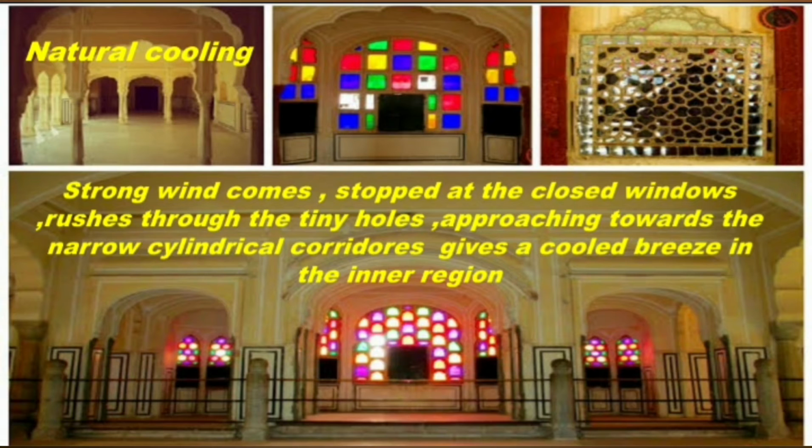So the strong wind passes through these small pores towards the mahal, and this rushing wind approaches the narrow cylindrical corridors present in the Hawa Mahal. When the wind passes through the cylindrical corridors and the tiny holes of the windows, it undergoes the Venturi effect.